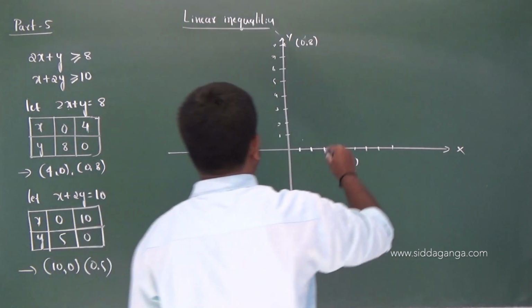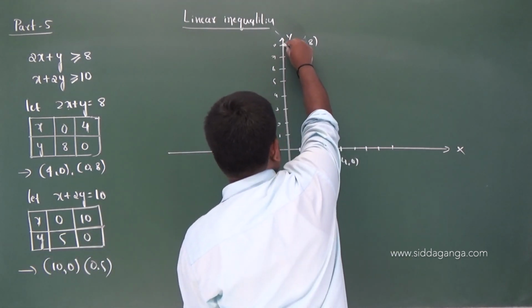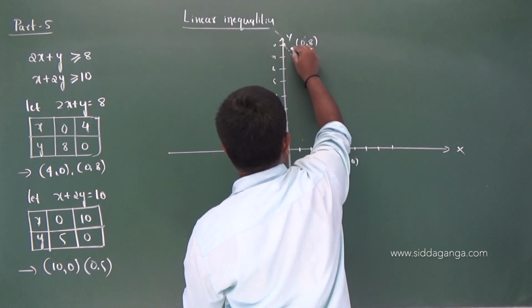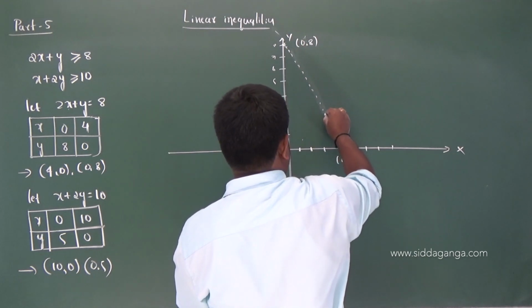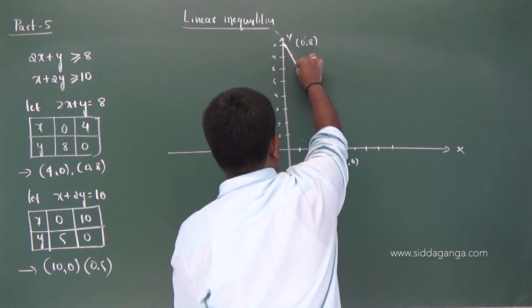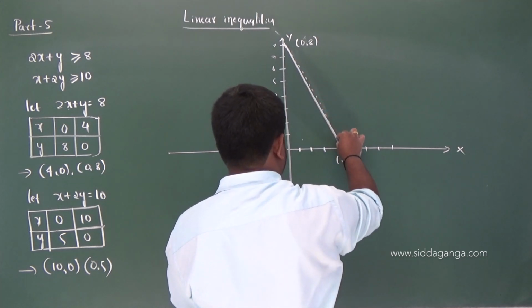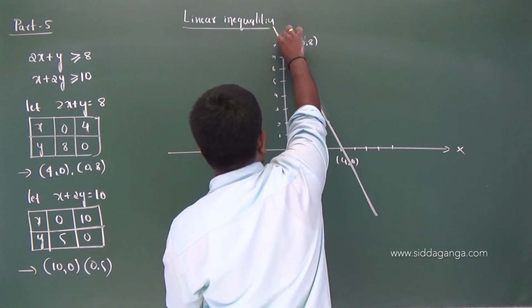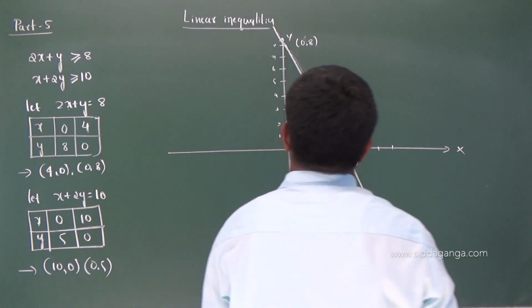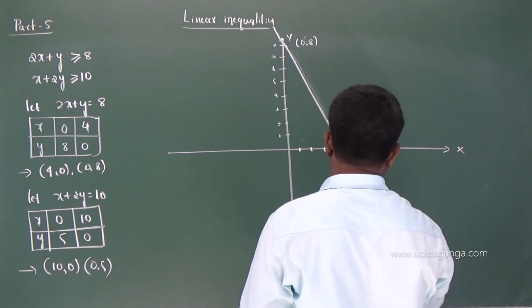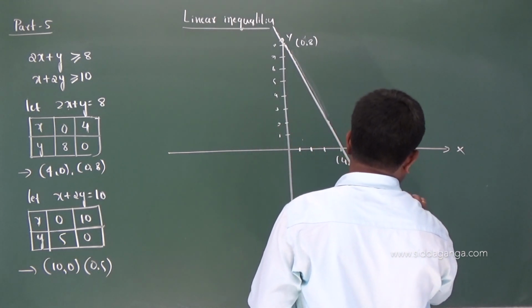Next, let's join these. This is your line 2x plus y is equal to 8.